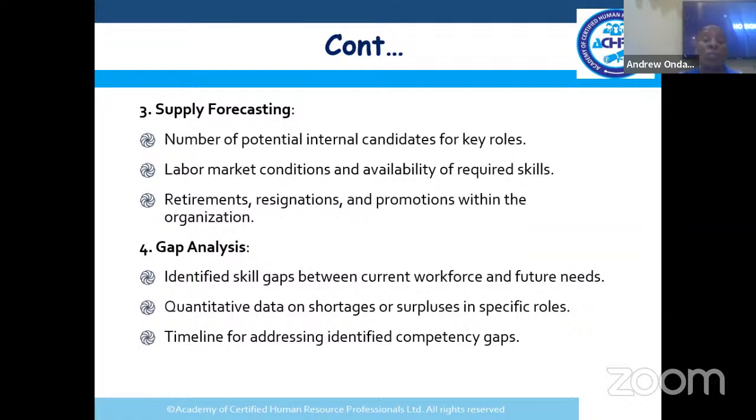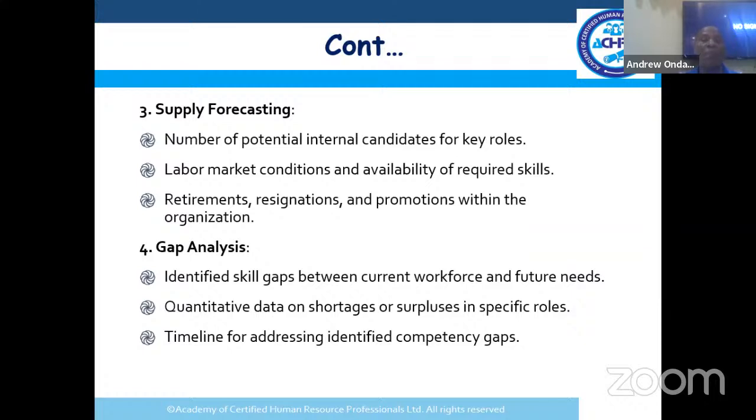This is potential. And 4, a person who is innovative. That is a potential candidate. So when we talk of supply forecasting, we look at those people with potential in terms of experience, in terms of skills and knowledge, and in terms of innovation.